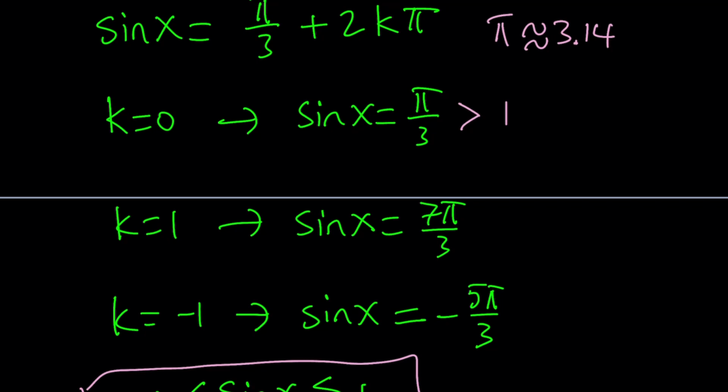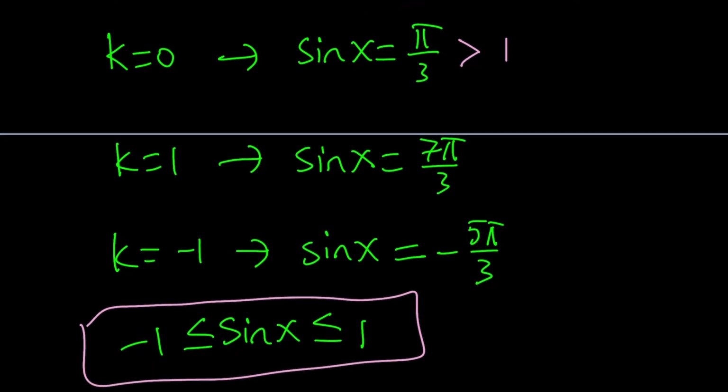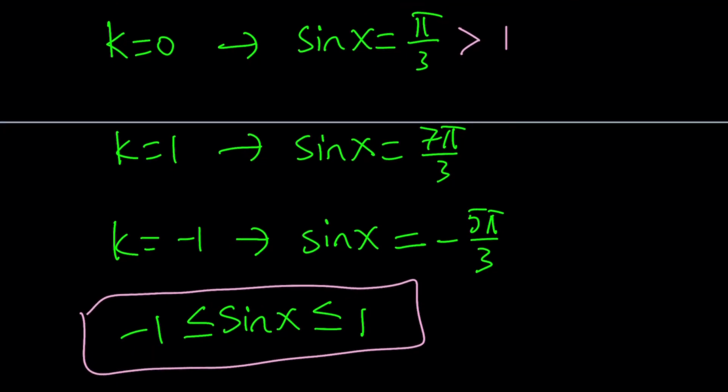Think about it. So sine x is greater than 1. Nope, that's not good. We don't want that. What about 7 pi over 3? Multiply that by 7, it's even worse. Definitely greater than 1. And what about -5 pi over 3? Well, 5 pi over 3 is greater than 1, therefore this is less than -1. So none of these values are actually going to be on this interval. Therefore, there are no solutions.